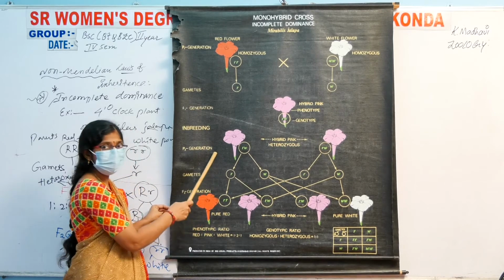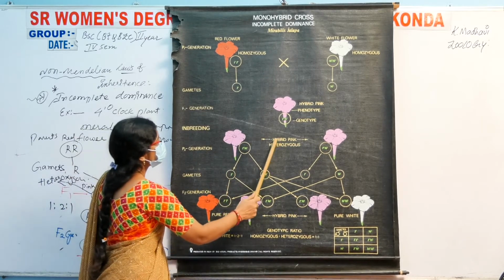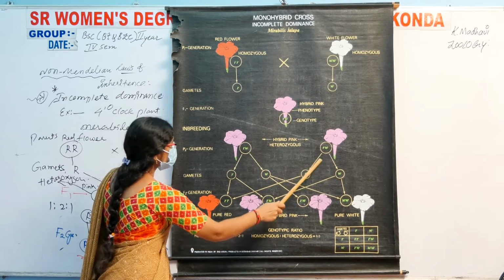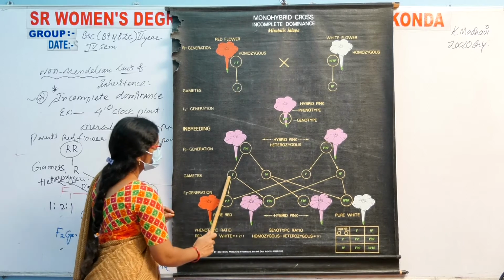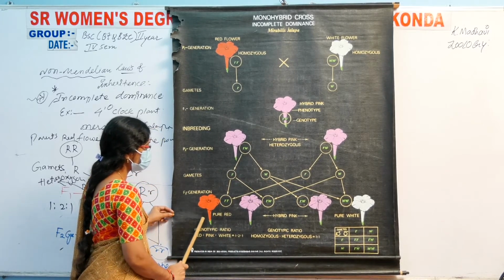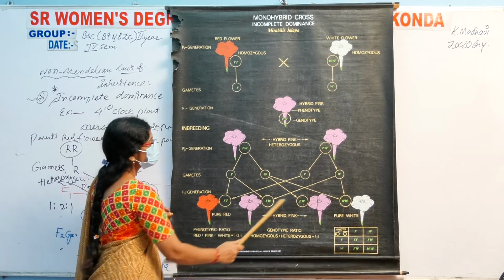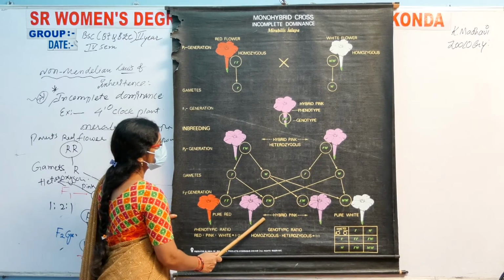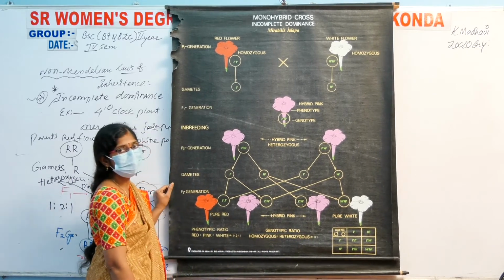P2 generation is nothing but parents of two generations which participated in crossing and they can produce these gametes. And in the F2 generation, one is complete pure red flower, two are hybrid pink flowers, and one is complete pure white flower.